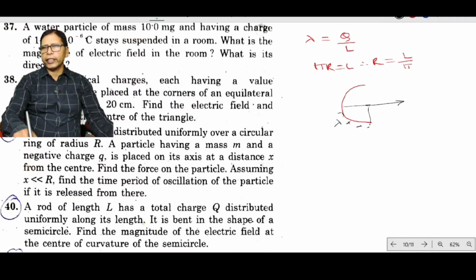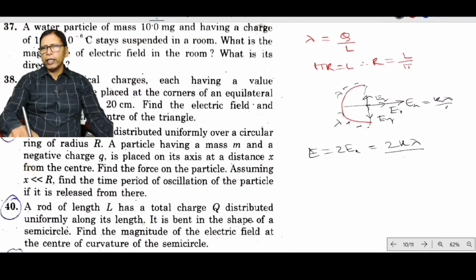The electric field due to this section is Ex, which is K lambda by R, and due to this section, this is Ey, which is K lambda by R. And due to the upper portion, also having linear density of charge lambda, this is the Ex along this direction and Ey along this direction. So the net field E equals 2Ex. Therefore, 2K lambda by R is the electric field at the center.